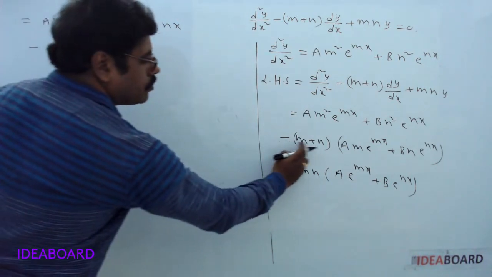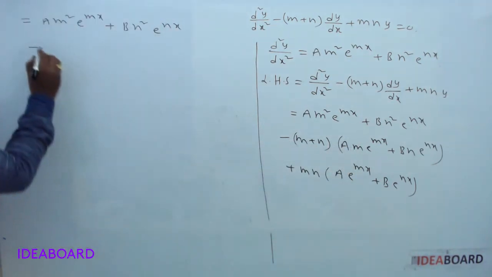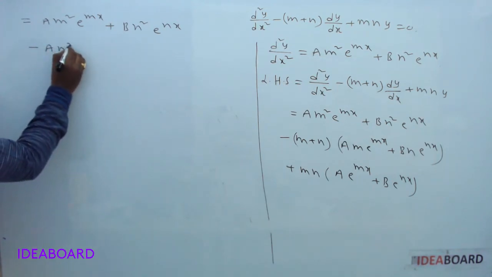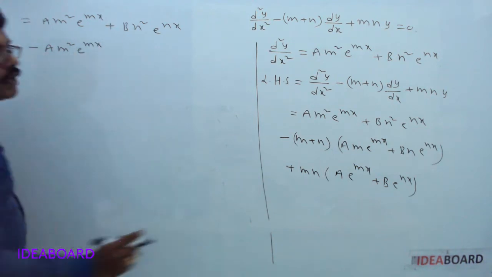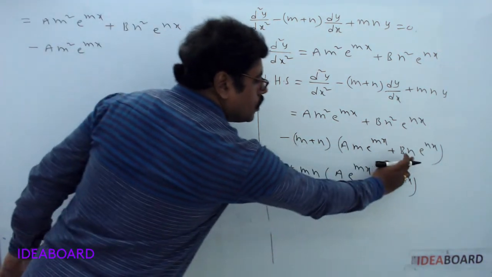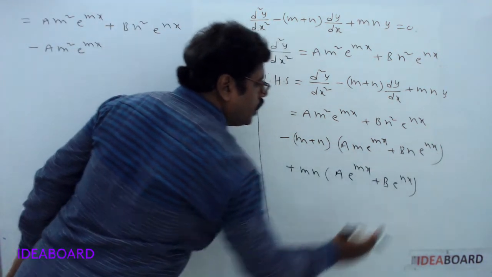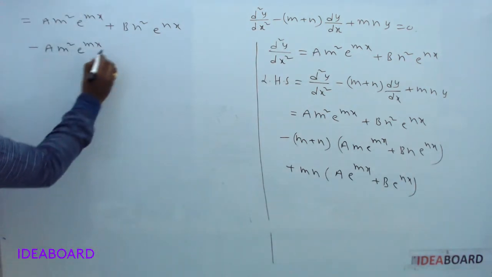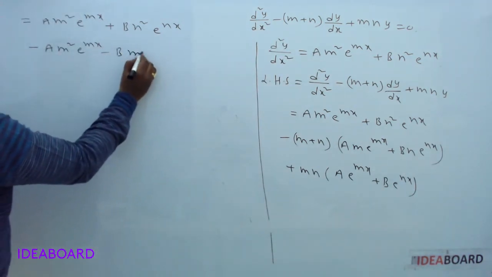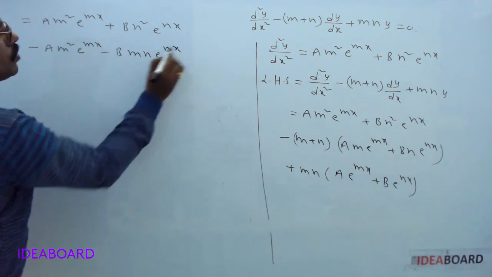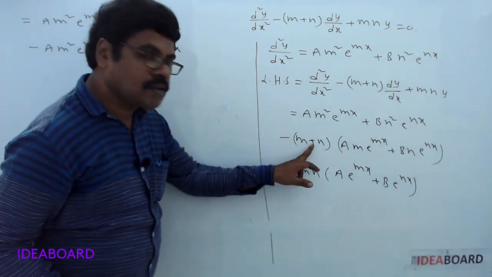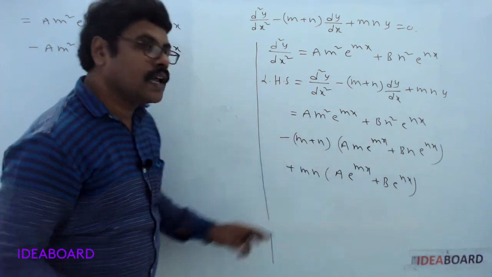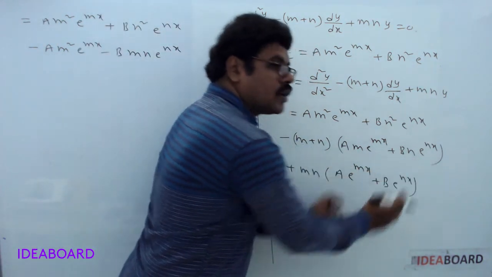So −m into the first term, that is −am² e^(mx), −m into bn e^(nx), that is −bmn e^(nx). Next again, minus into plus is minus, this is −n into the sum of these two terms.